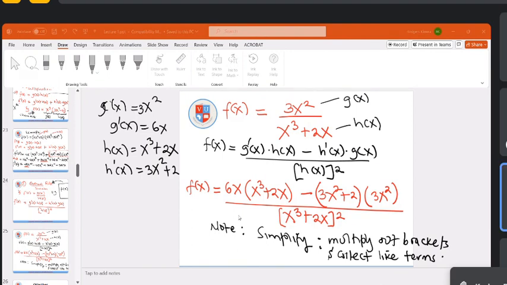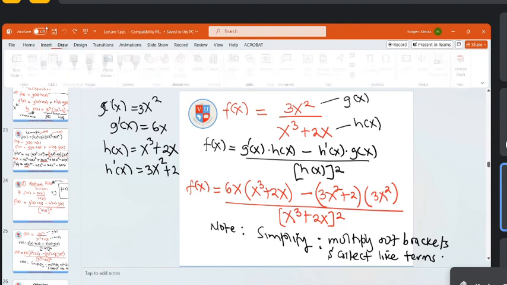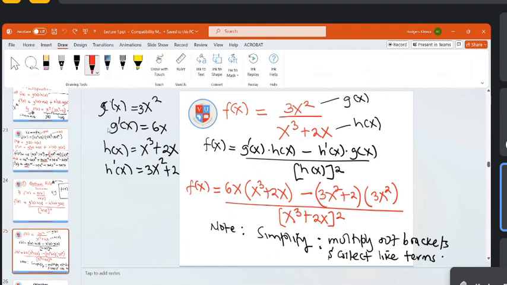This one. You want me to simplify it for you? Yes. I'm getting -3x power 4 plus 18x squared all over x cubed plus 2x all squared. So first help us so that we are confident of whatever we are doing.